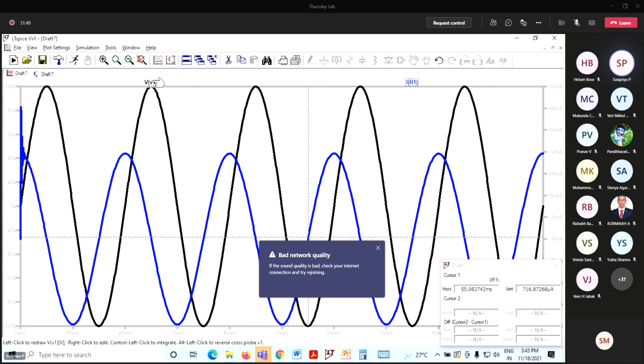For V1, it is 755.08 milliseconds, and this is 20.01 milliseconds. So I should see it in the same cycle, right?